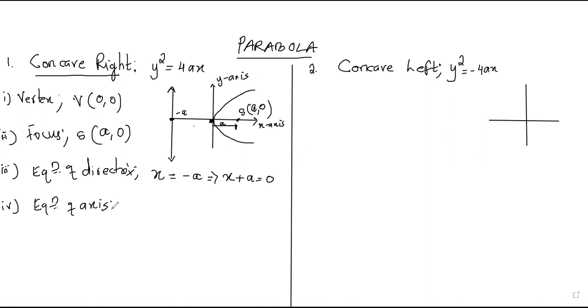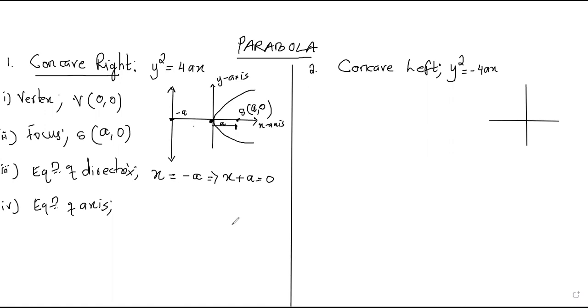Is that clear? Equation of axis. Now, what is this axis? That you have to know. Axis is the line which always passes through the vertex of the parabola. Which line is passing through the vertex of the parabola right now?